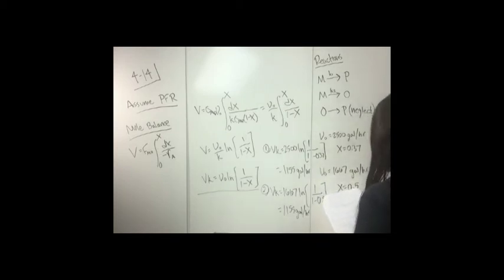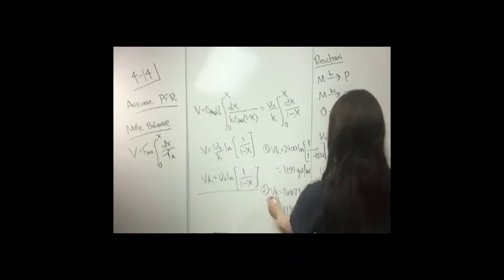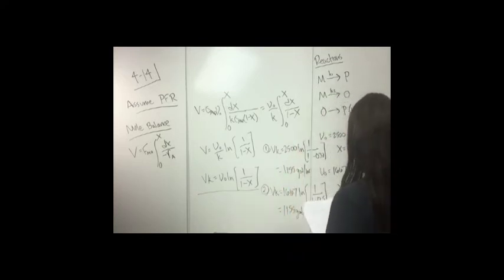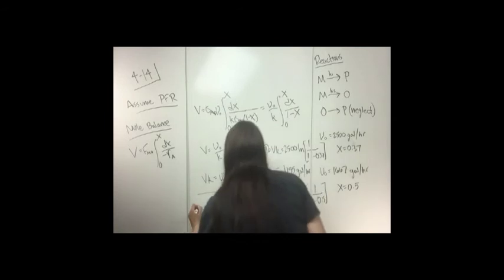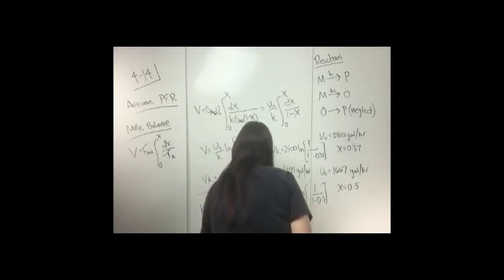The first thing you can do is calculate K. We know that Vk is equal to 1155, and we know what V is because it was given as 1,000, so we know that K is equal to 1155 over 1,000. So that's equal to 1.155.